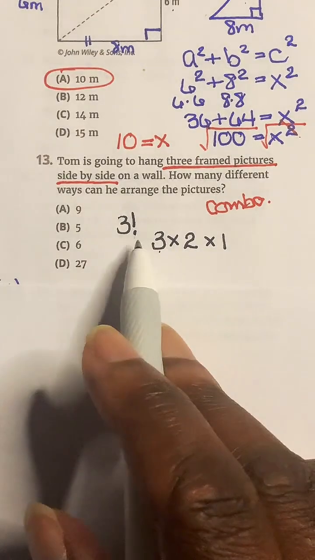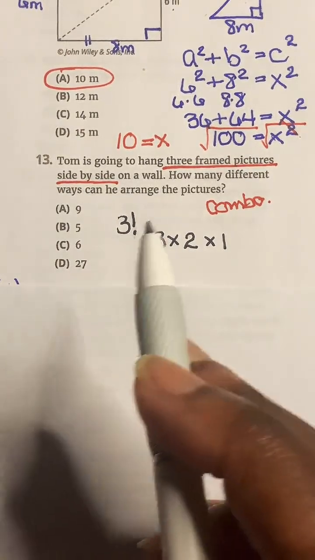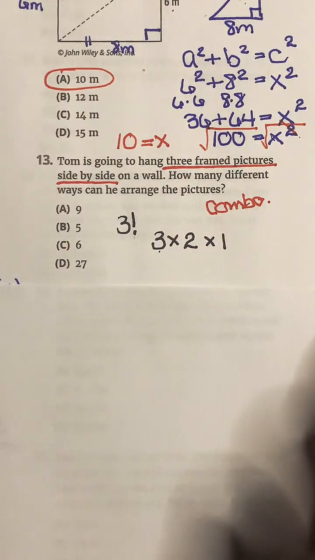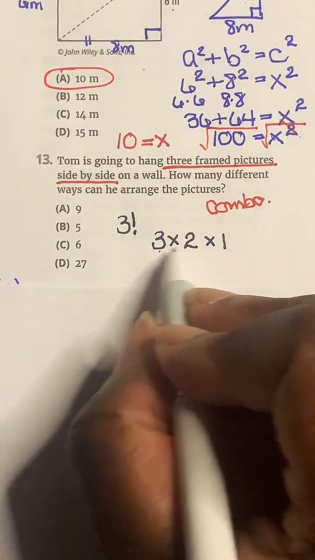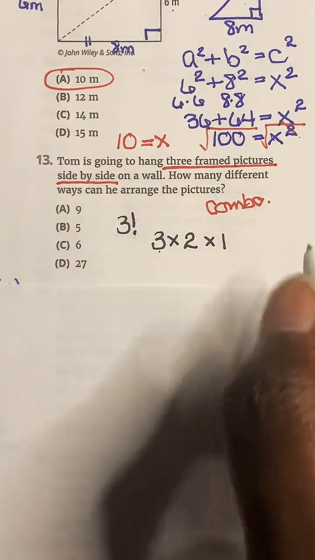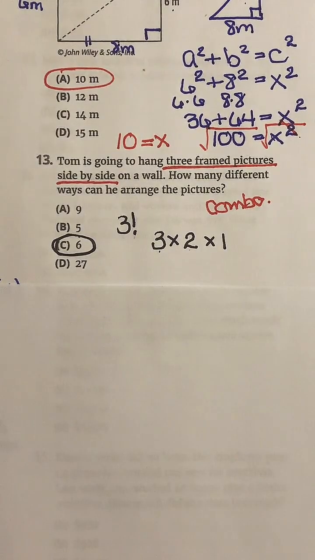So if I had a 6 factorial, that means I would start at 6 and multiply times 5, times 4, times 3, times 2, times 1. So 3 times 2 is 6. 6 times 1 will also give me 6. So the different ways that I can arrange those 3 framed pictures is 6 different ways.